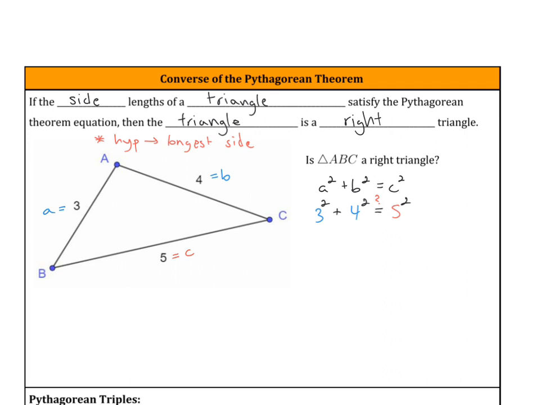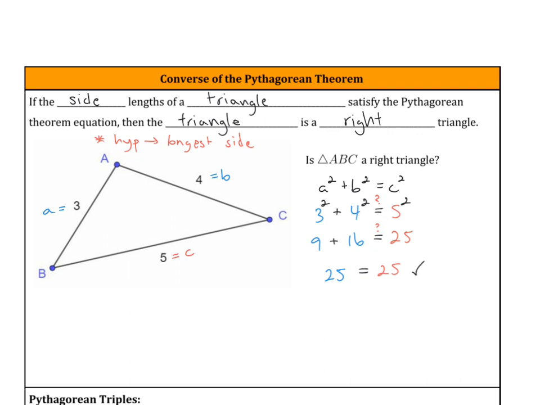3 squared is going to be 9 plus 16 is equal to 5 squared is 25. And then adding the left side together, we do get 25, which is in fact equal to 25 on the other side.